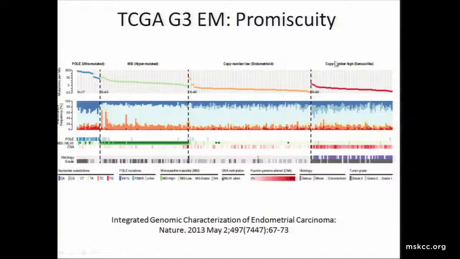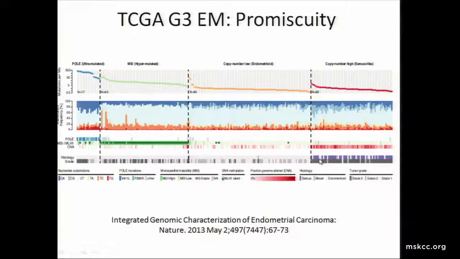If you look at this plot, all the serous carcinomas fall into this category. And all of the light gray tumors here are the endometrioid carcinomas, and the purple tumors are the serous carcinomas, and the dark gray annotation below indicates which tumors are high grade. So this gives you an idea of where the grade 3 endometrioid carcinomas live.